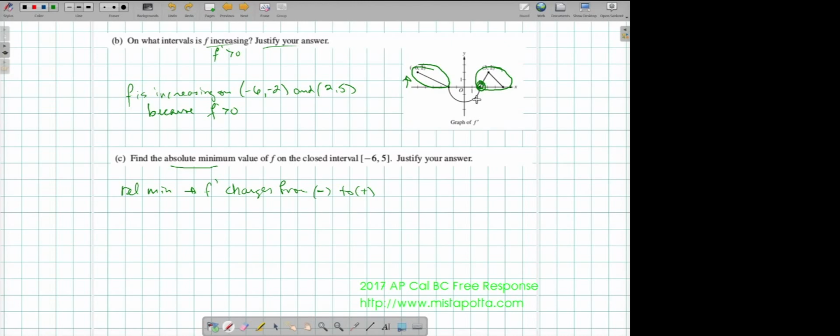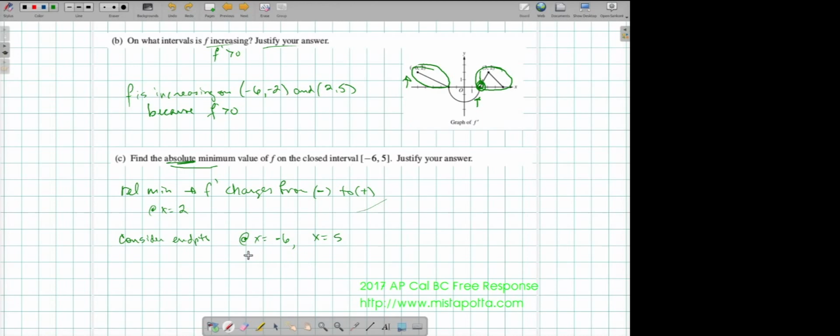That's where my derivative was negative and now it's positive. So I have a relative minimum at x equals 2. But keep in mind, because I'm looking for absolute, I have to consider my endpoints. So in other words, I have to look at x equals -6 and x equals 5.